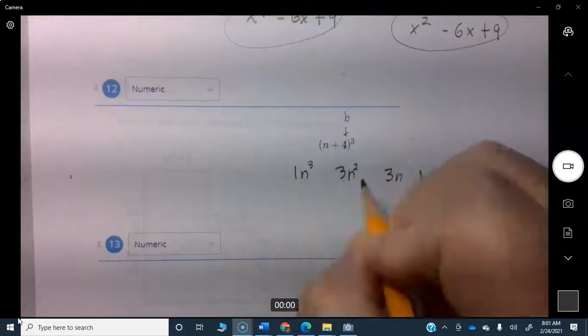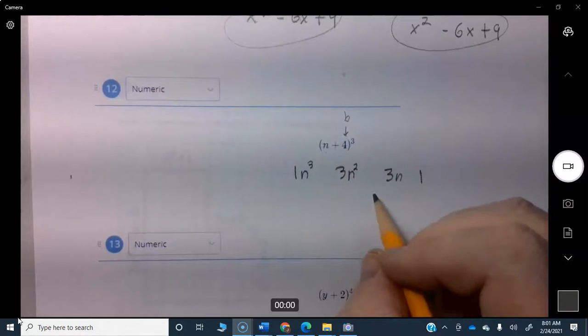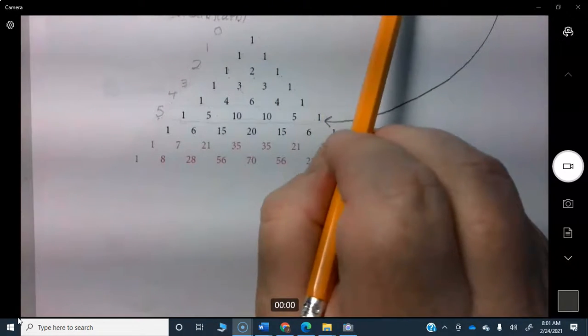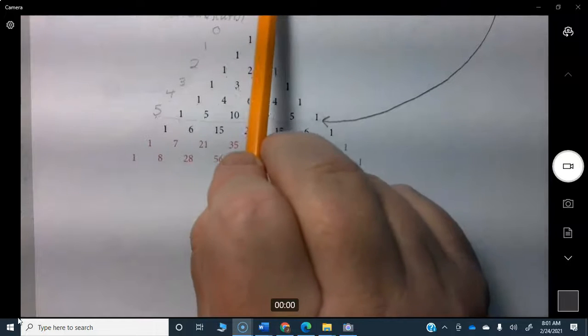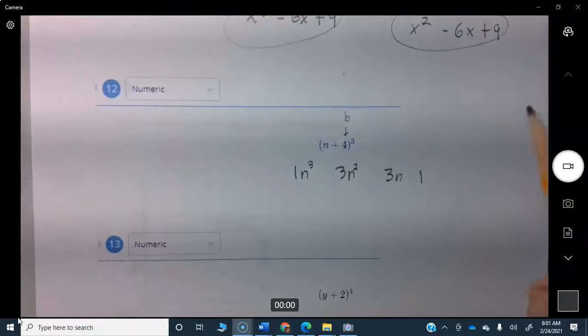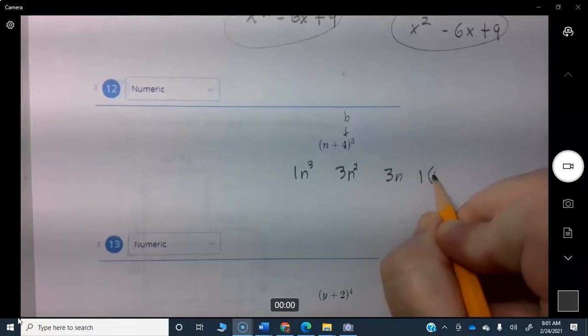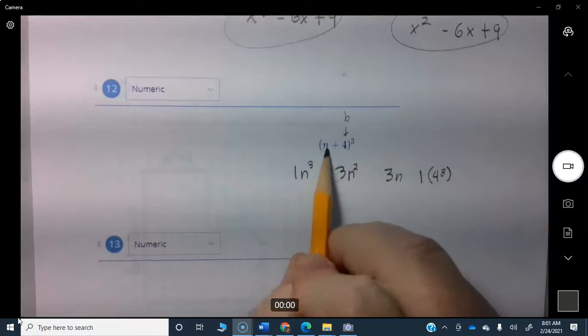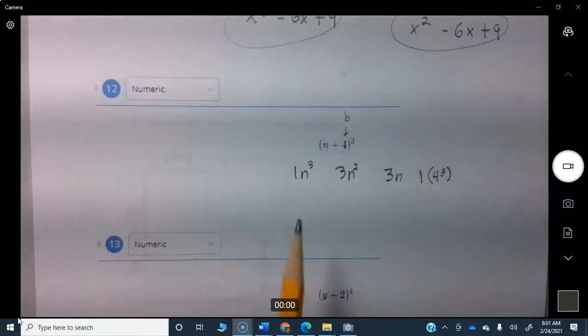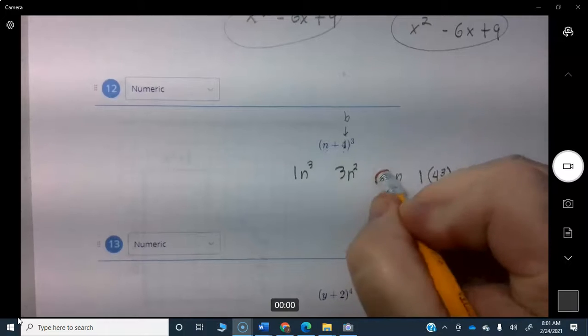That's the b. So you come over here and it's b to the 3rd, b to the 2nd, b, and no b at all. So b to the 3rd is going to be 4 to the 3rd power. That's what b equals. That's the a and that's the b. This one, I didn't really give myself enough space here.